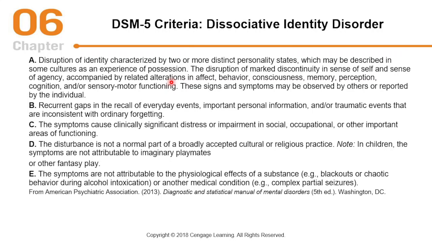There is a marked discontinuity in the sense of self and sense of agency, accompanied by related alterations in affect, behavior, consciousness, memory, perception, cognition, and/or sensory-motor functioning. These signs and symptoms may be observed by others or reported by the individual.